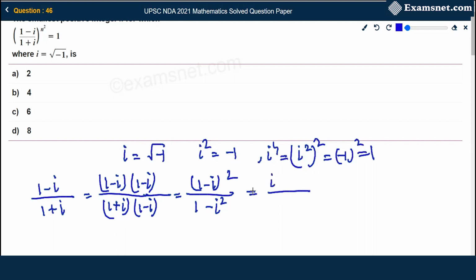So here, let's expand the numerator with the formula (a minus b) whole square. So i square plus 1 minus 2i over 1 minus of minus 1. Let's put the value of i square.